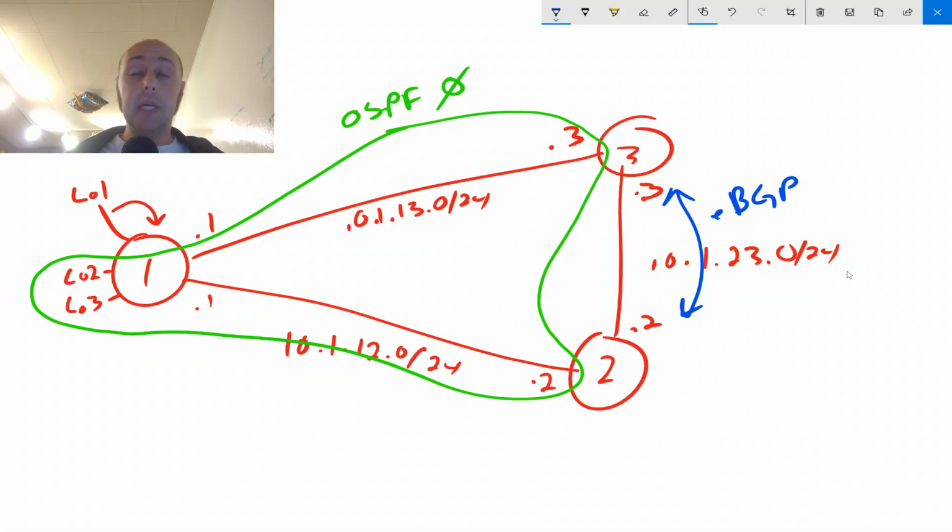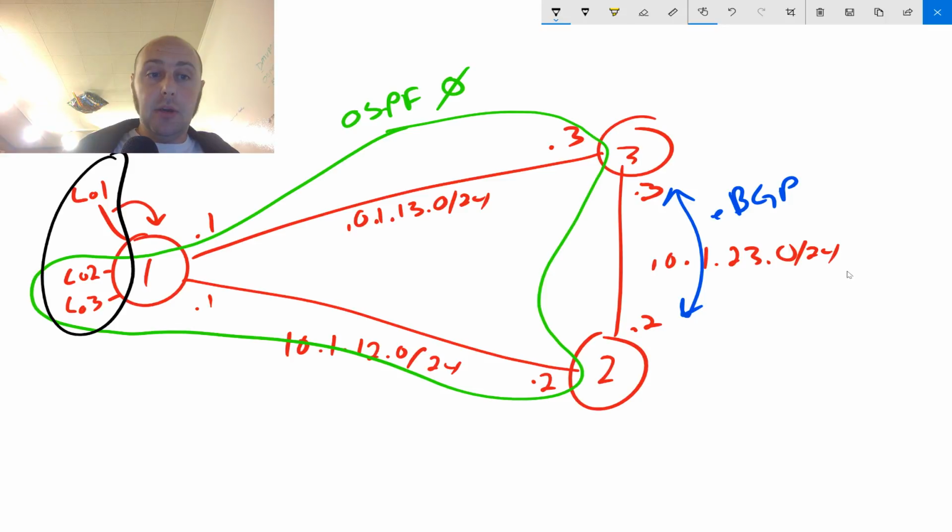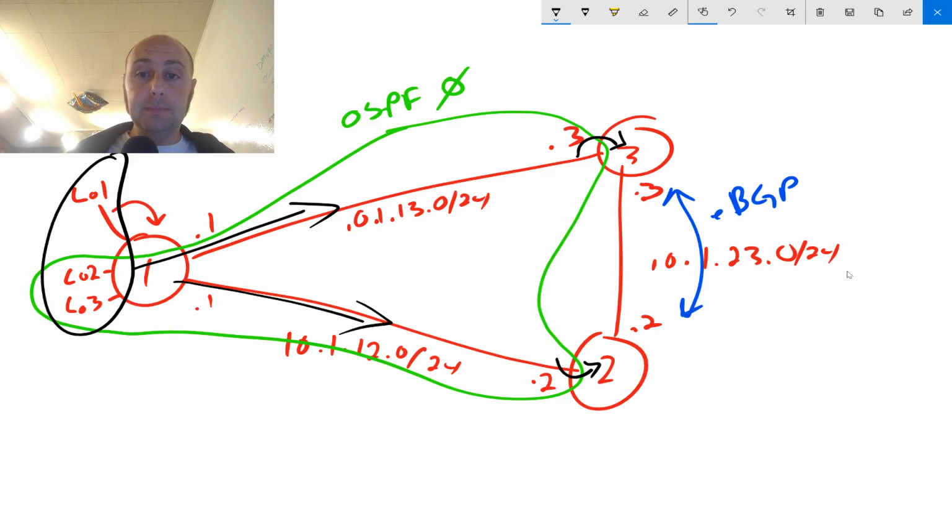So if we take a look at this diagram alone, just the design of this network, what we should be envisioning is that these loopbacks are going to be advertised to router 3 and to router 2. We're going to redistribute them into BGP, and they're going to advertise them to each other.